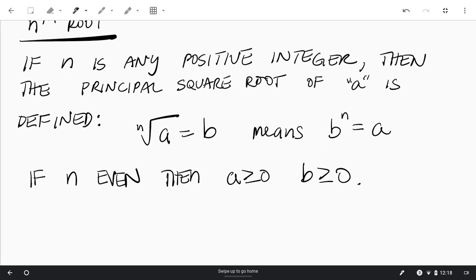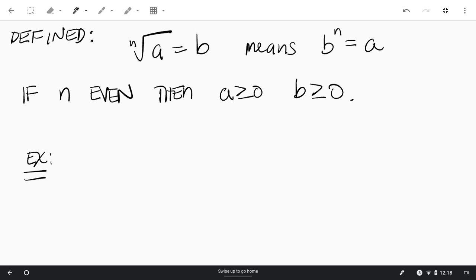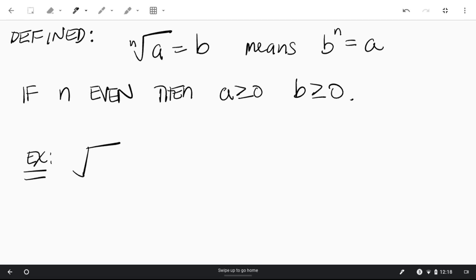All right, so let's take a look at some examples here. So, for example, if I'm taking not the square root, not the cube root, let's do the 4th root. So we need a 4 inside here. Okay, so we're taking the 4th root of 81.